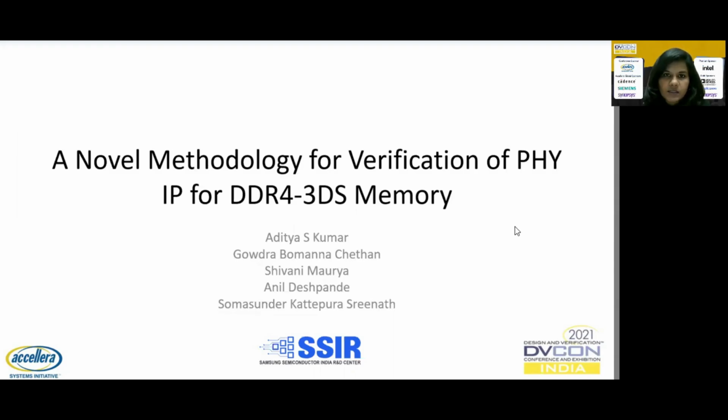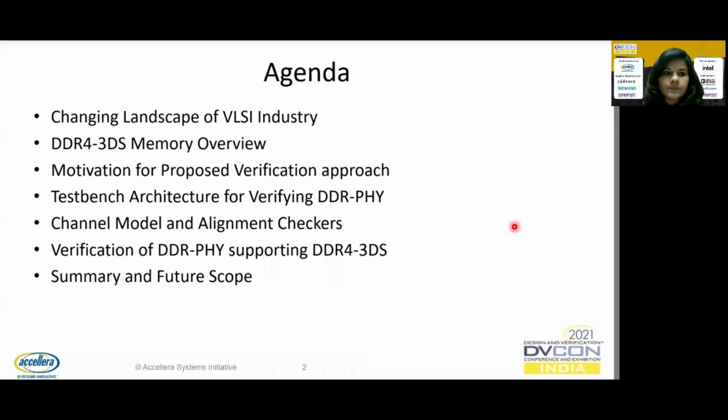A quick look at the agenda before we dive into the details. I will begin by providing a primer on the current industry landscape, followed by an overview of the DDR4-3DS memory. I will then discuss our approach to verification and why we felt the need to model effects like noise, skew, damage, and distortion during the verification of DDR5. What were our considerations in building each feature element and how we parameterized them?